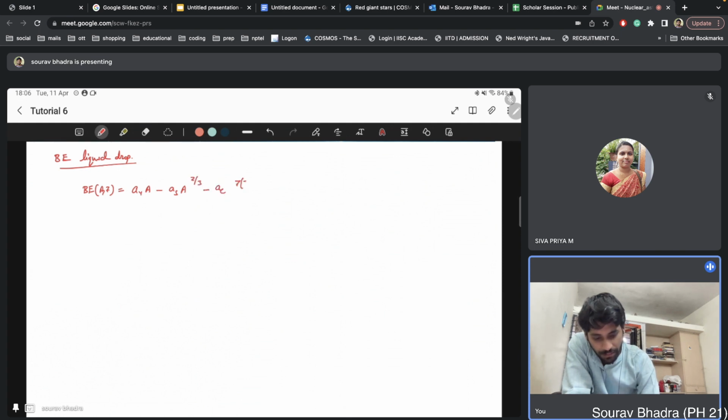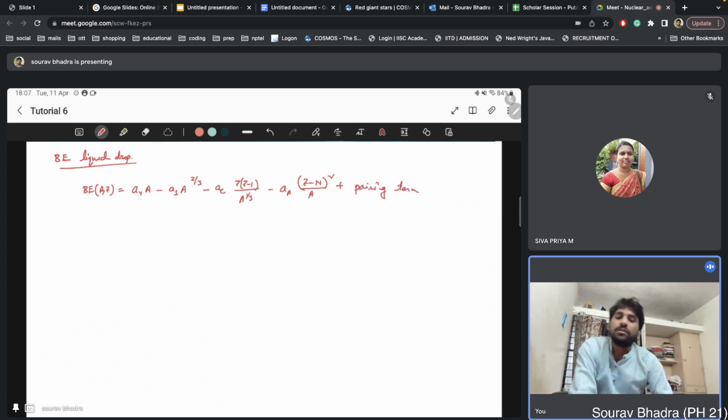I did this term by term in the last class, with Z minus N, or you can write A minus 2Z, that is also okay. And there was a pairing term. I told you that depending on the number of protons and neutrons, whether they are odd or even, that will decide whether the pairing term has a plus sign or a minus sign.